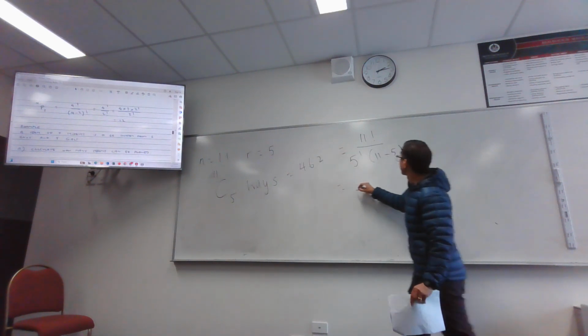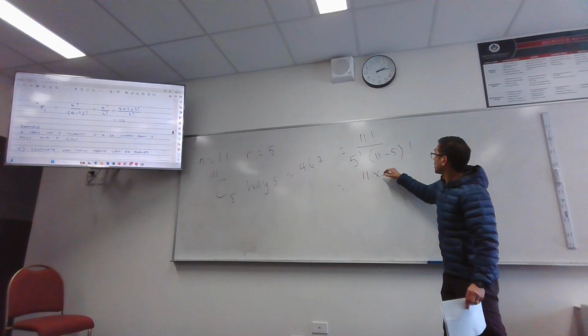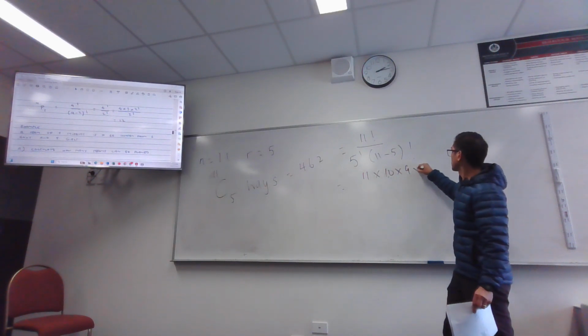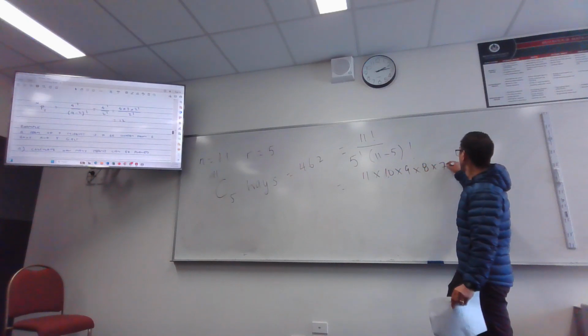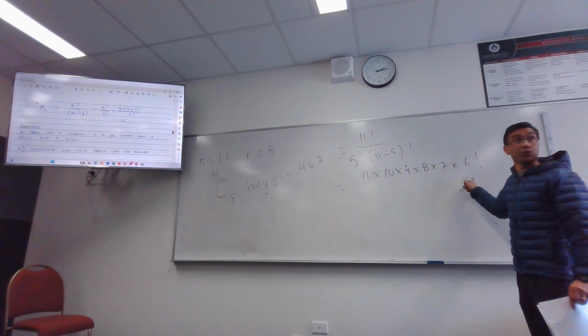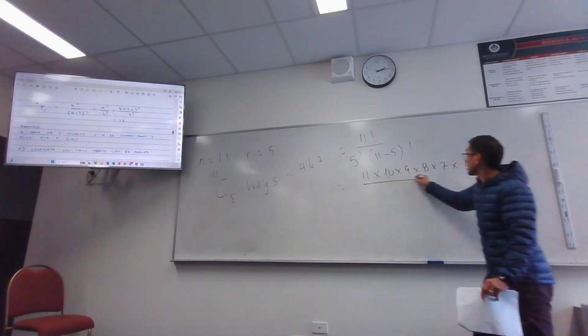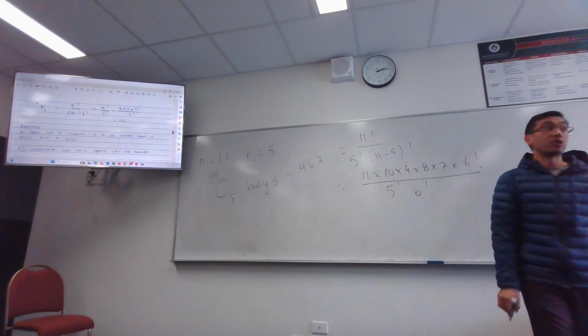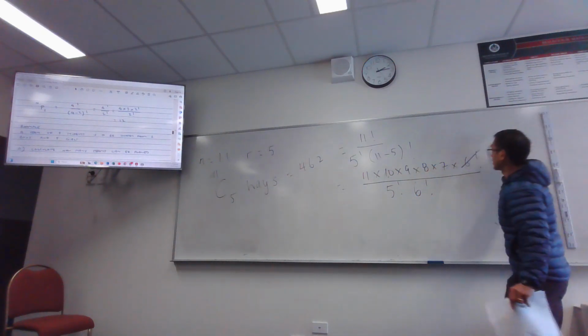Let's go for it. 11 times... I'm going to stop at 6 factorial. Why? Because there's a 6 factorial on the bottom. I'm going to eliminate them.